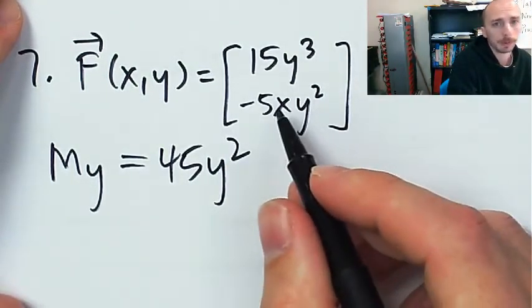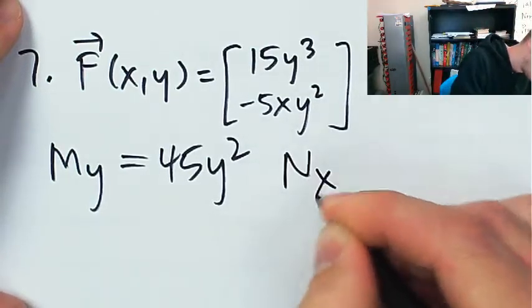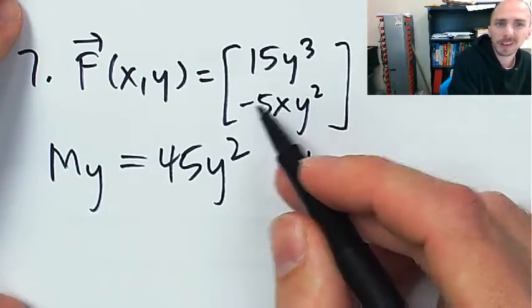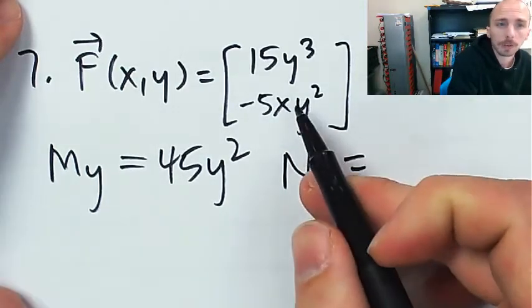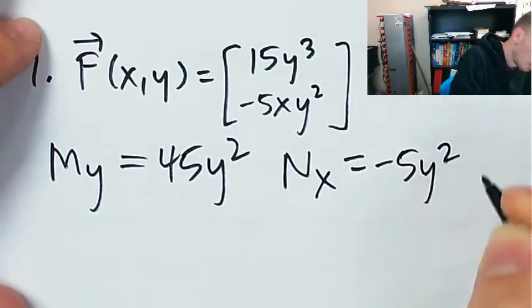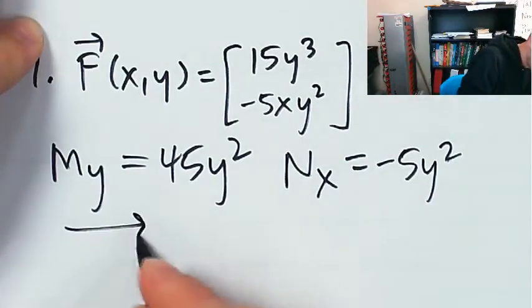I don't think we're going to be able to take the derivative of this with respect to x and get 45 y squared, but I'll try. The derivative of -5y squared with respect to x is just a constant, so it's going to be -5y squared. Meaning that since these are not the same, it's not conservative.